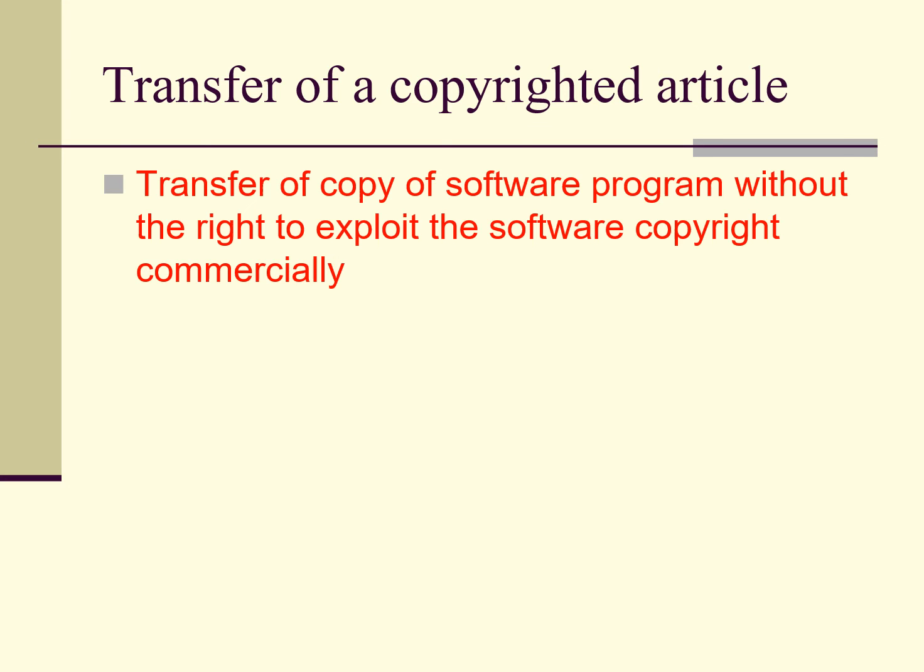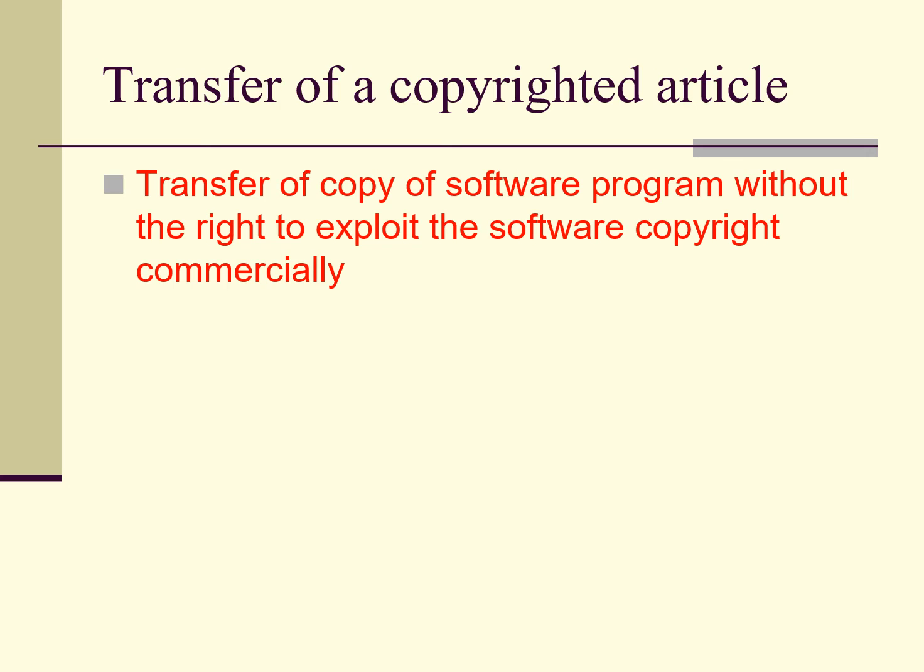Next is the transfer of a copy of the software. This is the transfer of a copyrighted article. The transfer of software classified as a transfer of a copyrighted article is a transfer of a copy of a software program without the right to exploit the software copyright commercially.